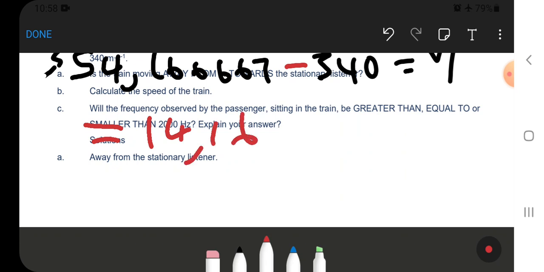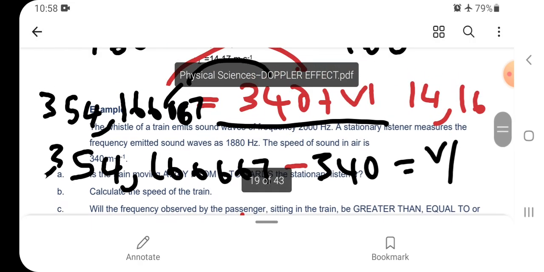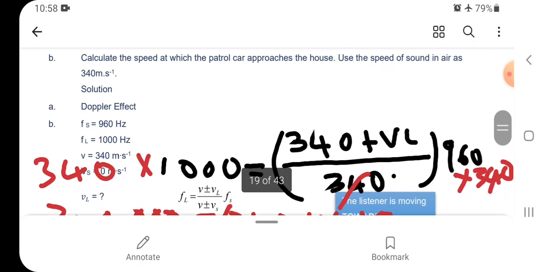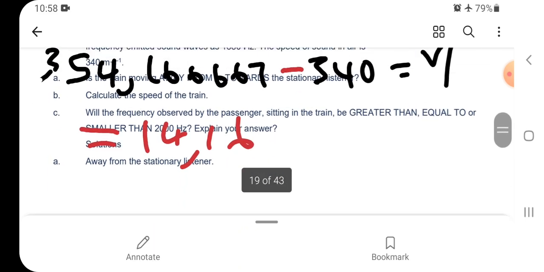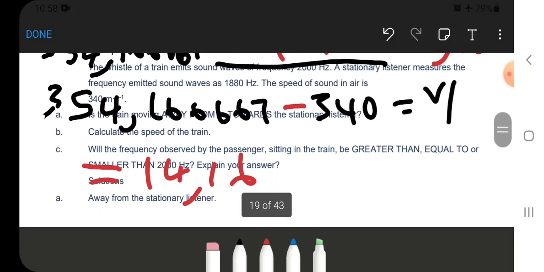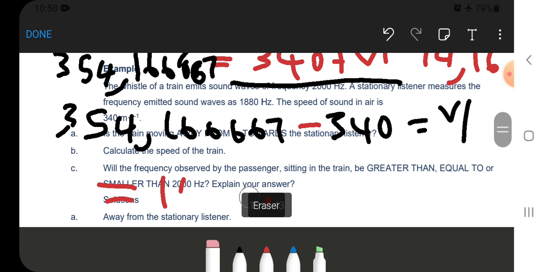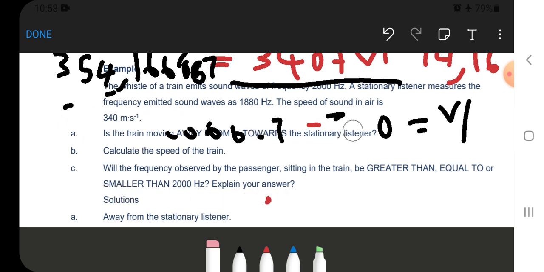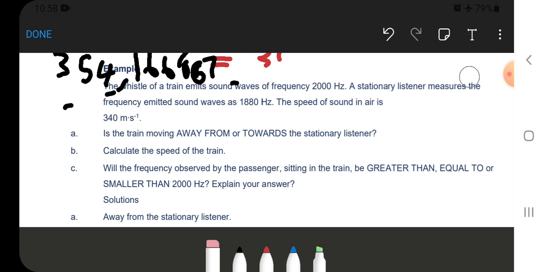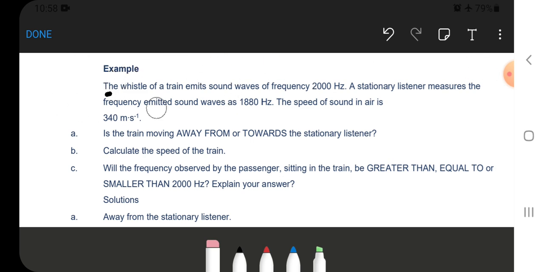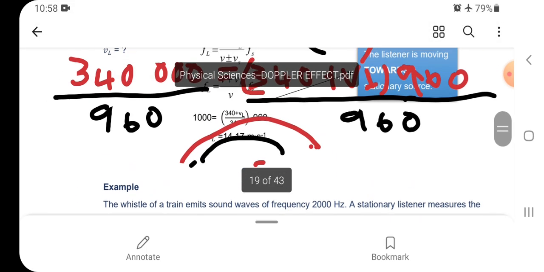So we started here and now we end there. Let's erase everything. I hope you saw what I did there in order to solve this problem.